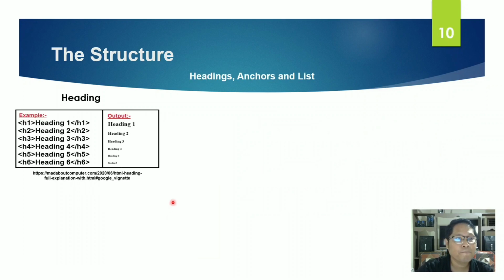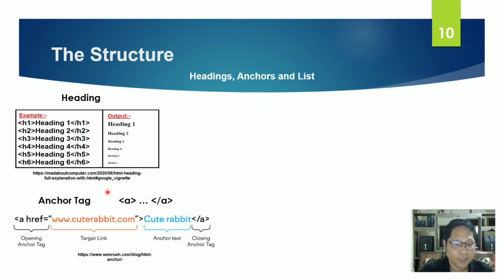Next, let's talk about headings. Headings in HTML are used to define the structure and hierarchy of the content of the web page. There are 6 levels of headings, ranging from H1, which is the highest level, to H6, which is the lowest level.